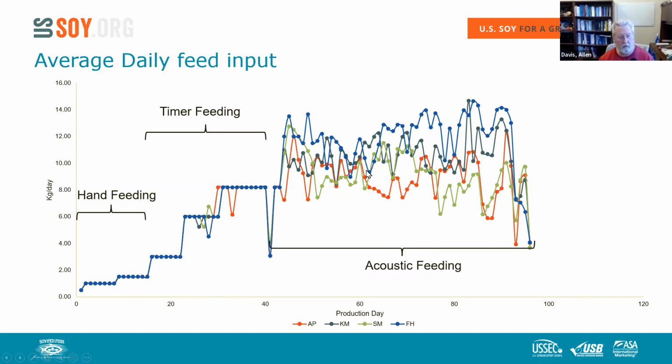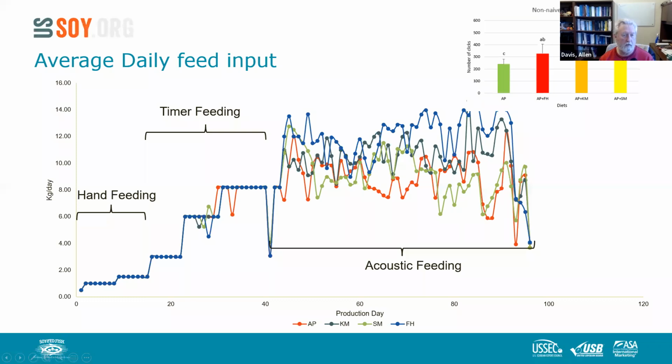And you can see very obviously that the fish hydrolysate ponds pretty much fed more all the time. And then the all plant, which is here in red, had pretty much the lower feeding. Remember, we did intakes and acoustics with, this example is a non-naive, in the laboratory, and we saw similar things.